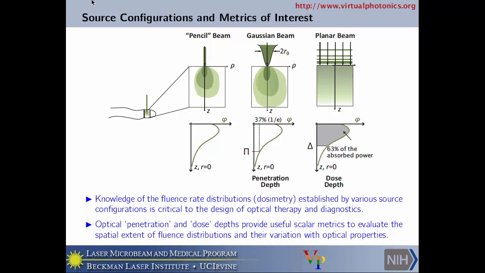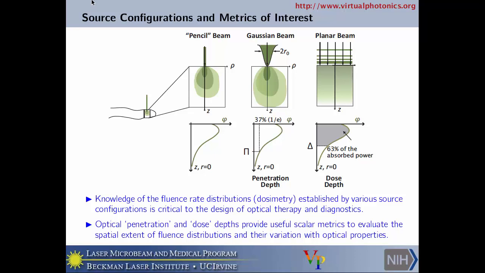So that means that if the penetration depth or the dose depth is 1, the actual penetration depth is 1 over mu effective. And I use mu effective just because that is the characteristic decay of this standard diffusion approximation. It gives you the characteristic length scale of transport. And you'll find that in certain cases, the results do link directly to mu effective, and in other cases, it does not.